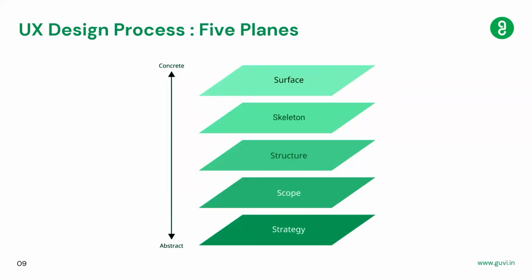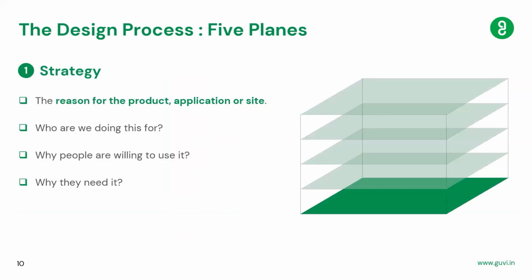So the first one starts from the bottom. The first one is strategy. Strategy is nothing but, as I said for UX, what is the main reason for the product or application to be made, who are we doing this for, why people are willing to use it, why they need it. These questions need to be answered in the strategy stage of the product, in UX, not UI. It is part of the UX process.